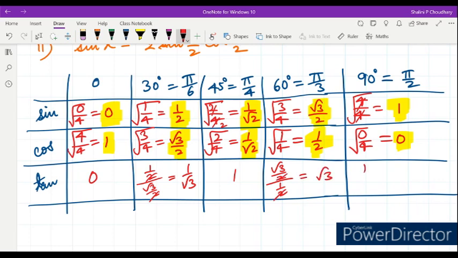And 1 upon 0 is not possible, so it is not defined. So tan 0 is 0, tan 30 is 1/root 3, tan 45 is 1, tan 60 is root 3, and tan 90 is not defined. These are the values, and the rest we'll discuss in the next video.